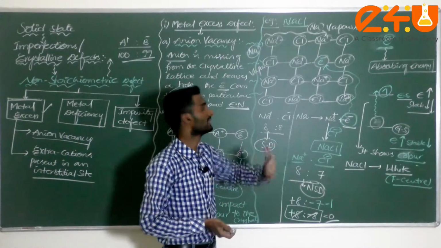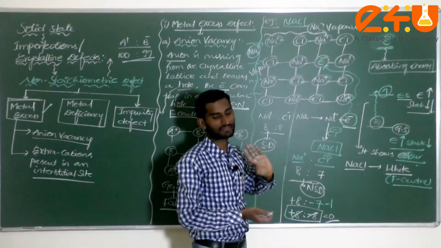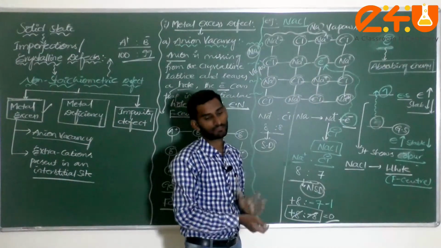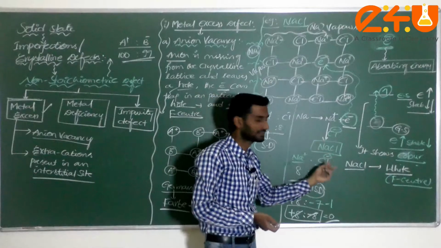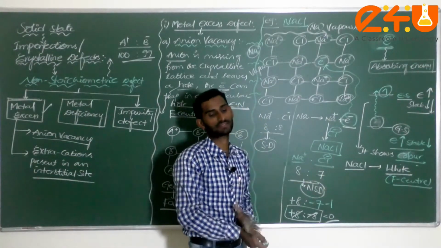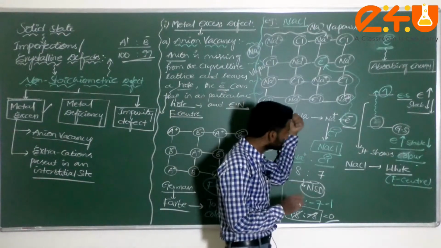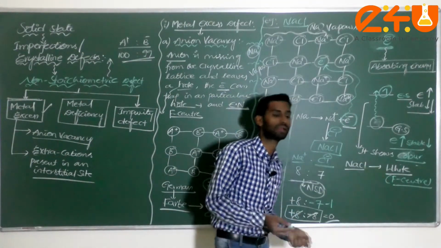Simple: F center means after one anion is missing from the crystalline lattice, in that particular anion site the electron will go and occupy. That is called the F center. Due to that F center, it imparts color to the crystals. Am I correct? Without this defect, the NaCl that we are using is white in color.